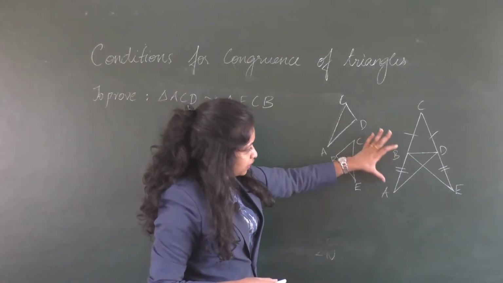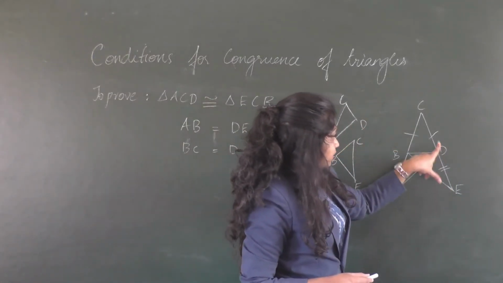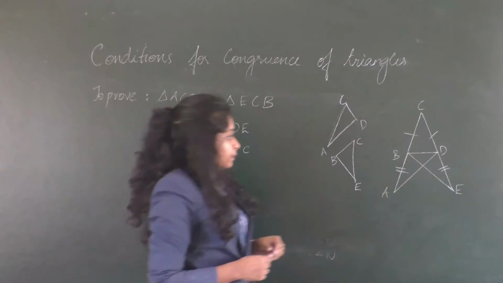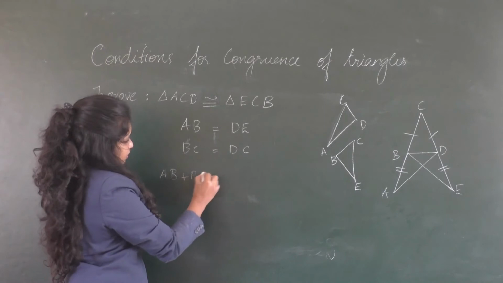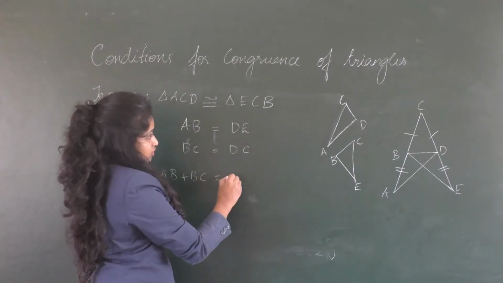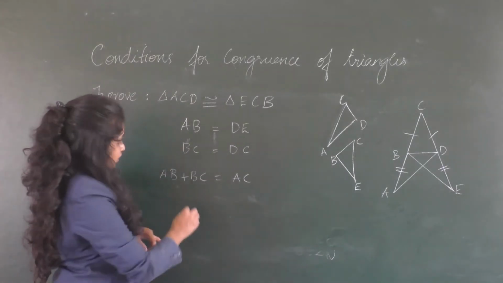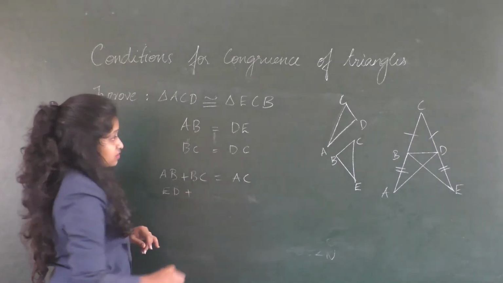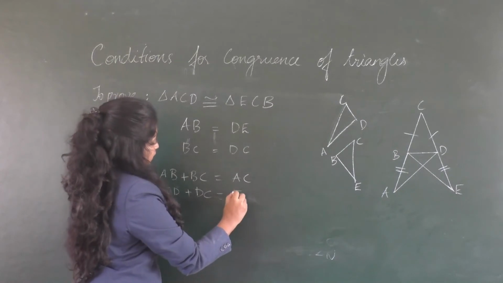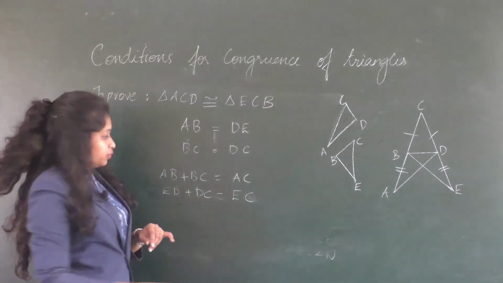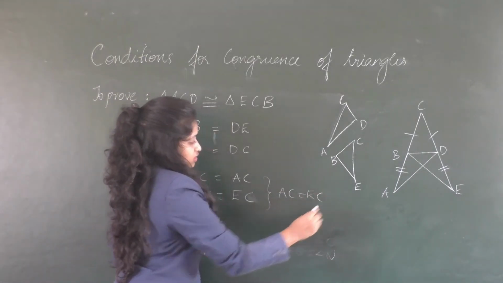Here AB plus BC will be equal to ED plus DC, isn't it? Since they are equal, we can give that AB plus BC, which is AC, and ED plus DC, which is EC. So both of them are equal, AC equal to EC.